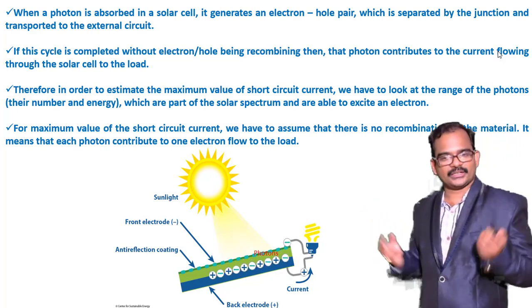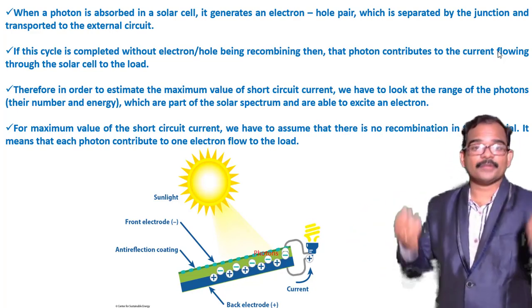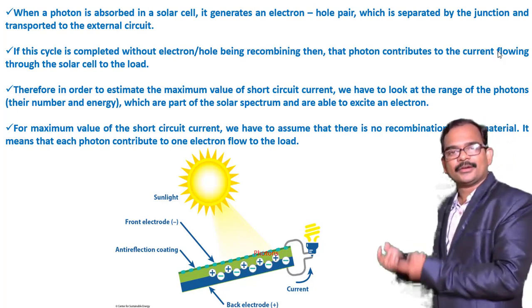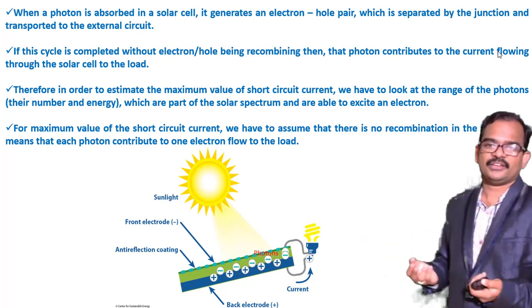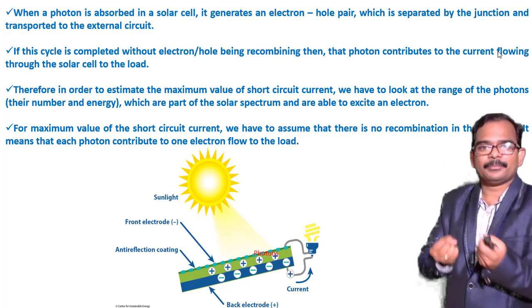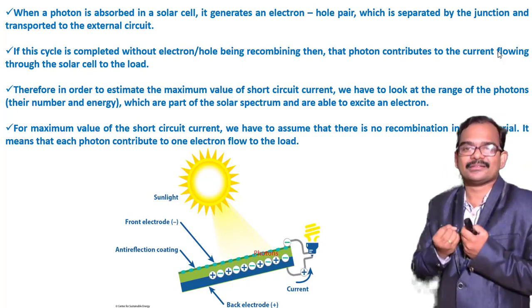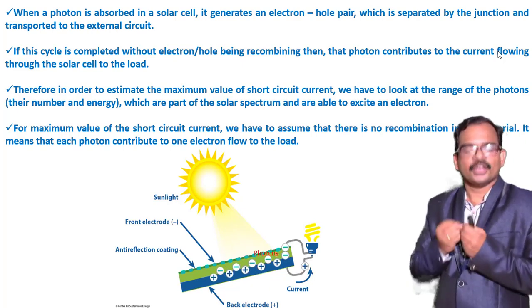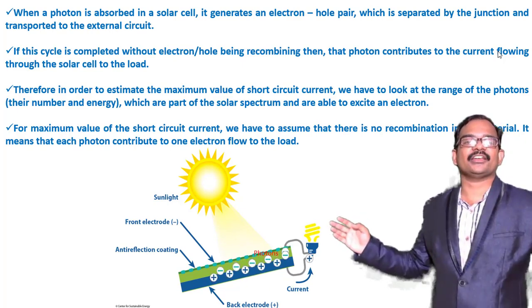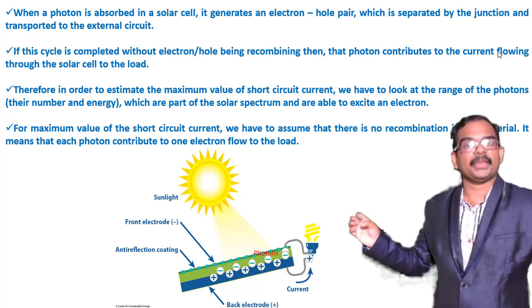From 10 photons, we will get 10 electrons and 10 holes. From 1 million photons, we will get 1 million electrons and 1 million holes. So to get the maximum or short circuit current from a solar cell, there should be no recombination of these generated electron-hole pairs.